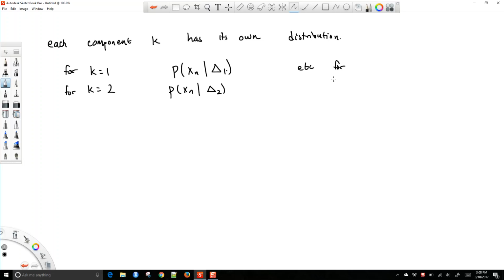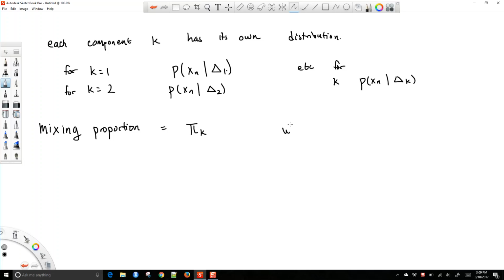So for K, we have probability of x of n given delta sub K. Then we have a mixing proportion, pi sub k, and the rule is that when we add up all the pi's, it has to equal 1.